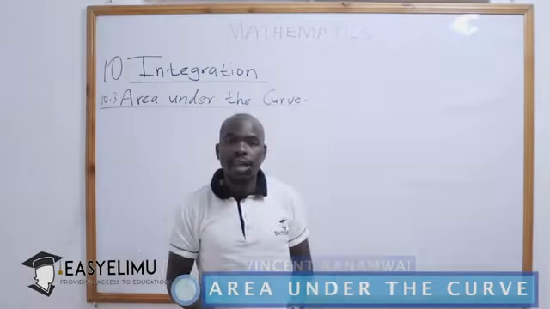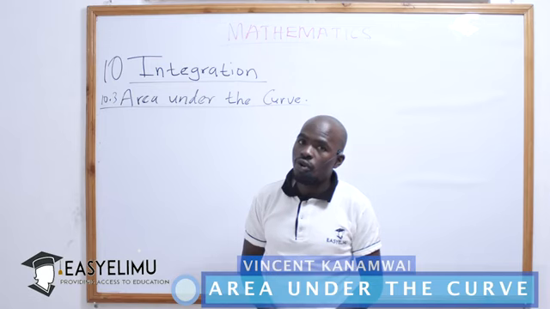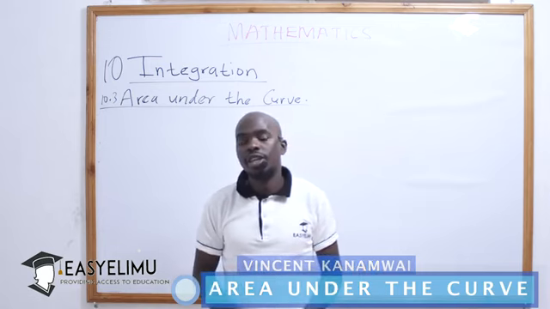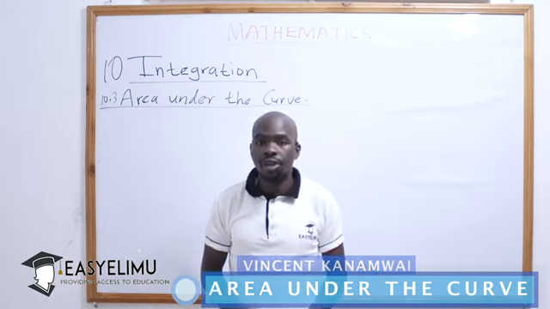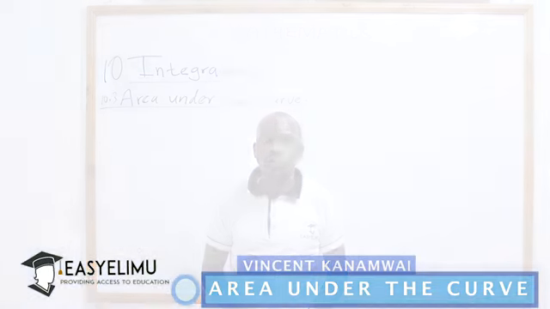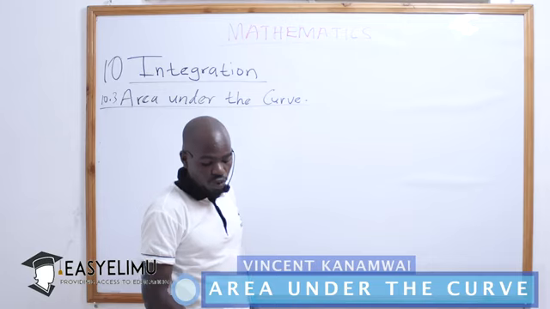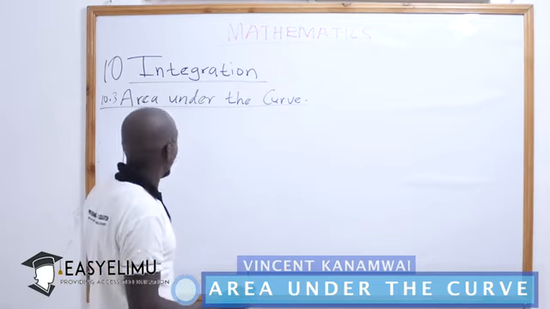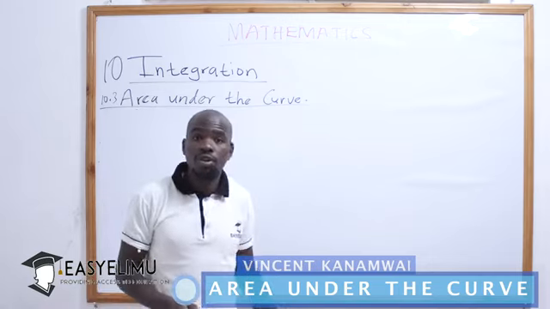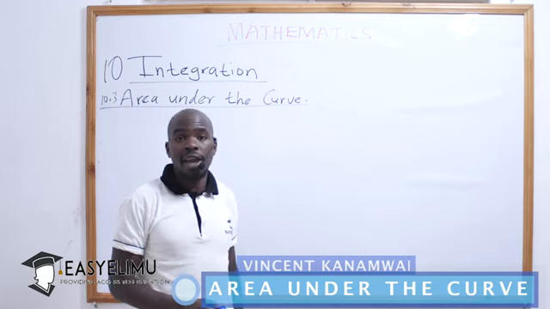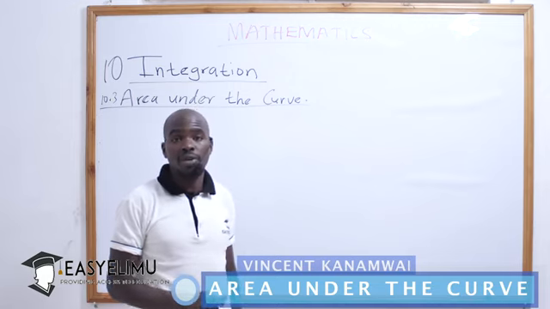We shall now look at the area under the curve, and we shall look at one of the examples which we did in 9.3 in differentiation using the trapezium rule. Now we are going to use our integral method to find the exact area of that one from that given point.